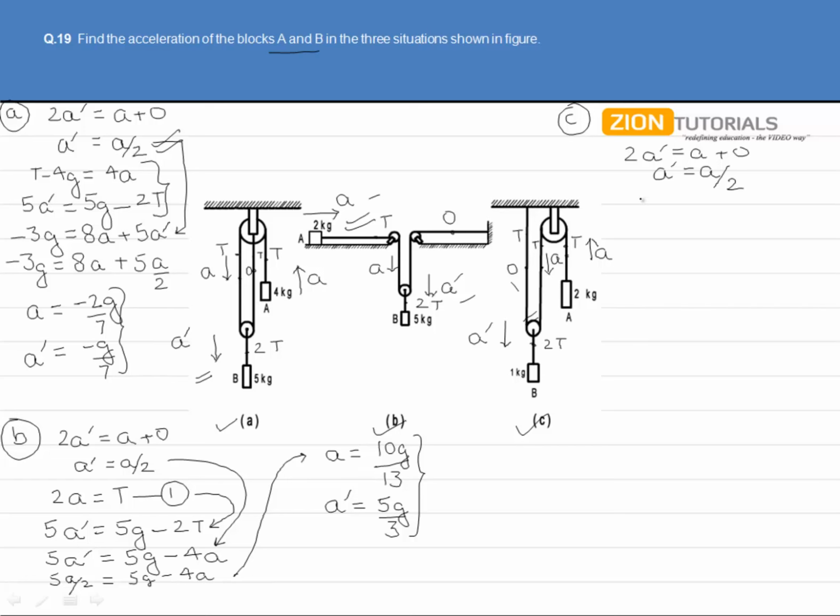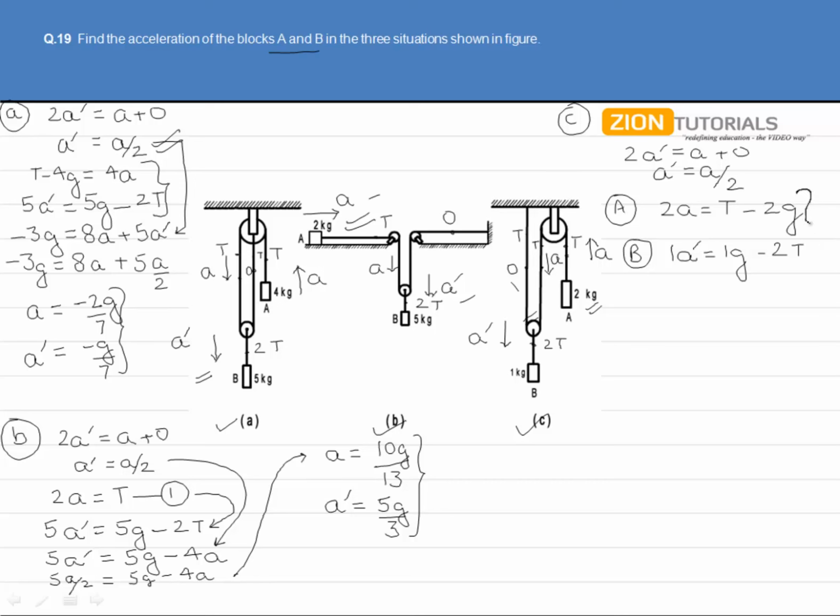Now let us frame the equation for block A. We can write it as mass into acceleration is equal to total upward force minus total downward force, that is mg. Now framing the equation for block B, we can say that mass into acceleration equals total downward force minus total upward force.